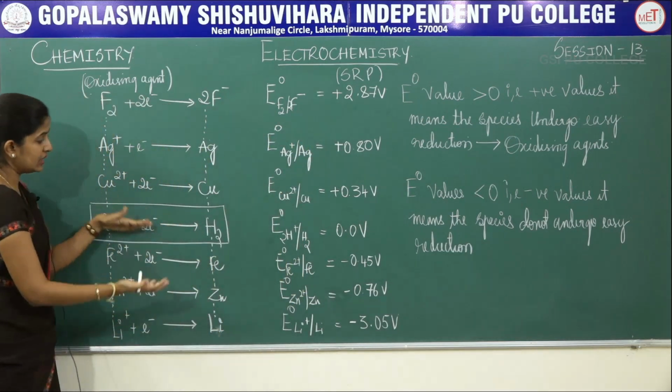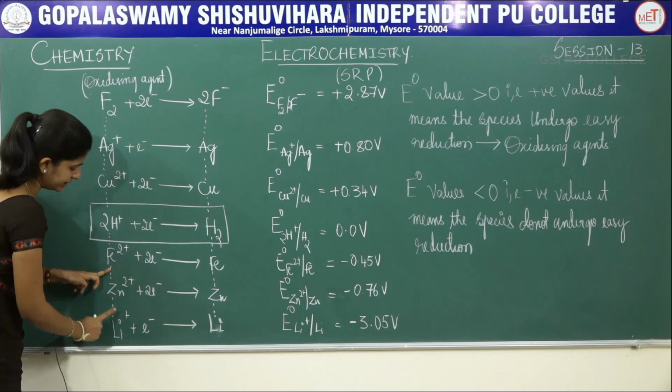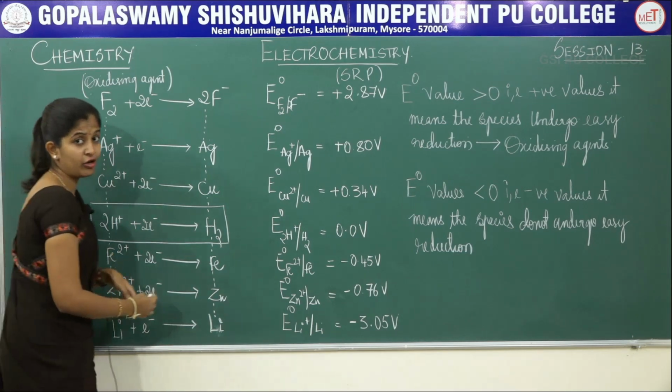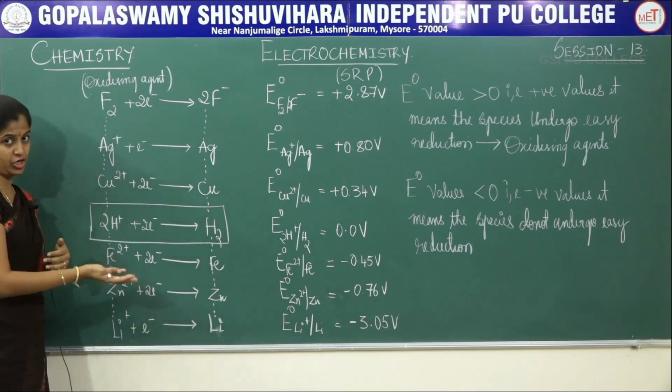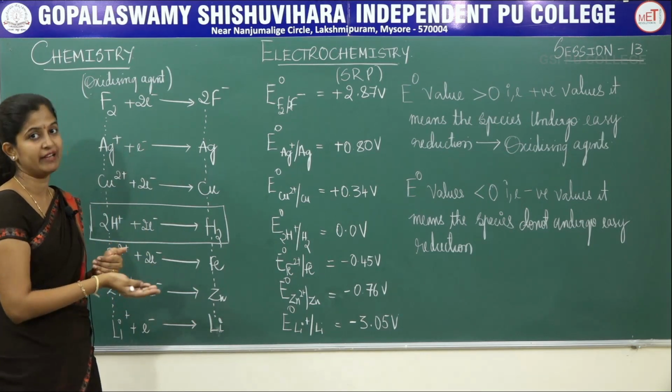That is, the elements below hydrogen, that is your iron, zinc, lithium, instead of undergoing reduction, they give electrons. Instead of accepting electrons, they are ready to give electrons.